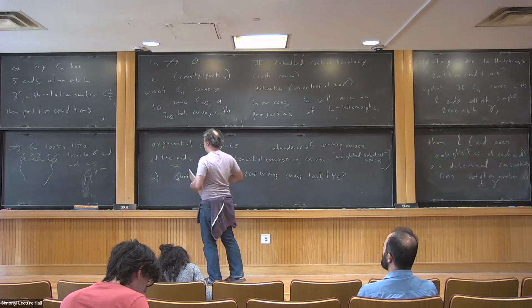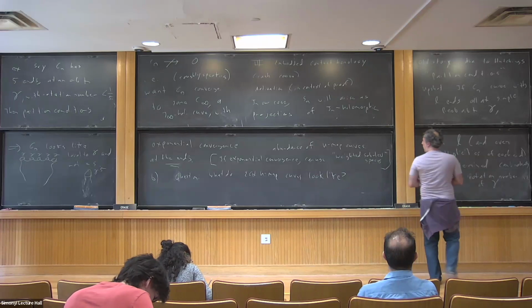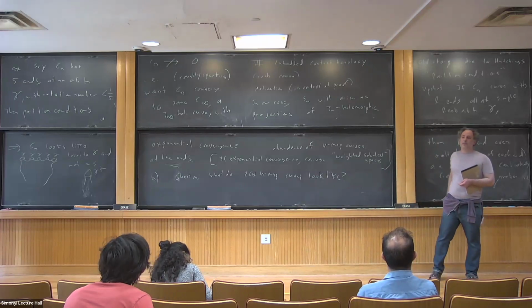It's a little bit complicated, so let me go through it slowly and see if you have any questions. So what I'm saying here might almost seem too good to be true.